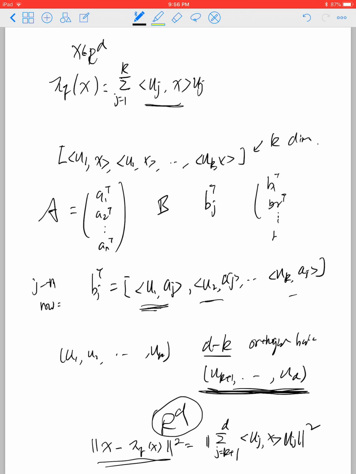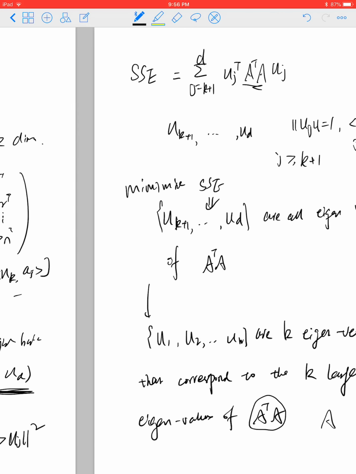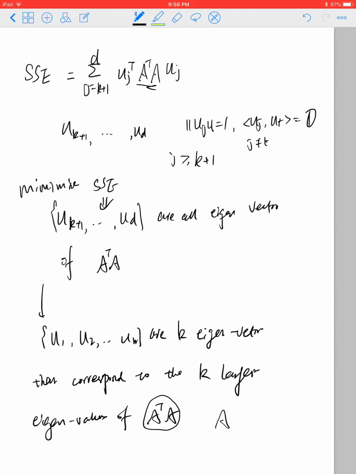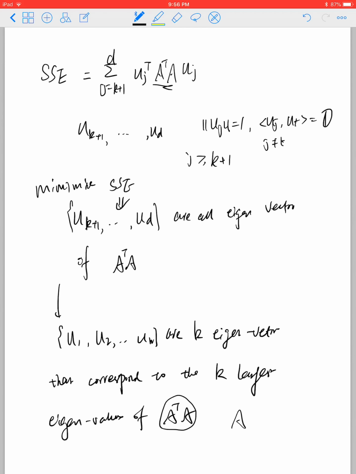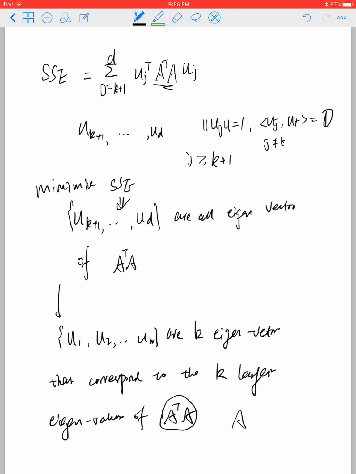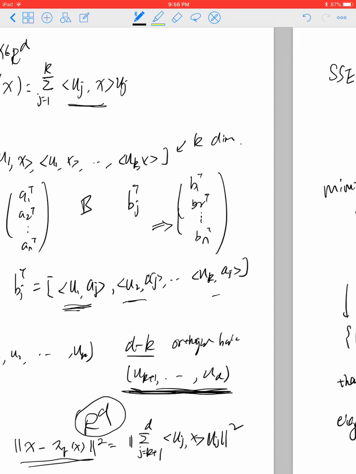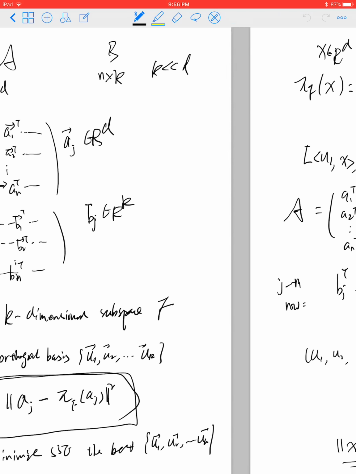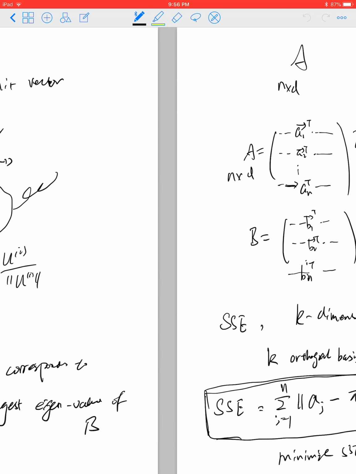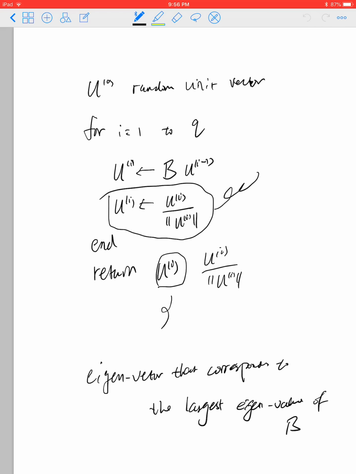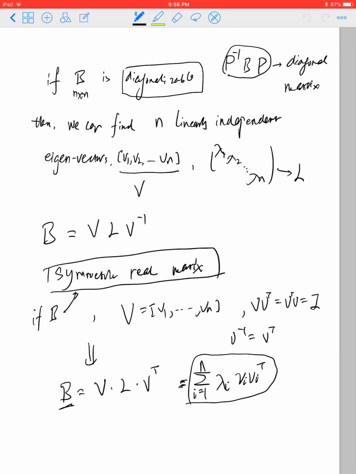And then when you compute the eigenvectors of A transpose A that correspond to the K largest eigenvalues, you can project each data point in A, that is each row in A, onto these K eigenvectors to get B, right? To get each row of B as B1, B2 until Bn.